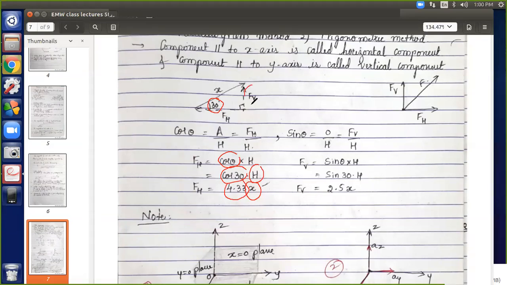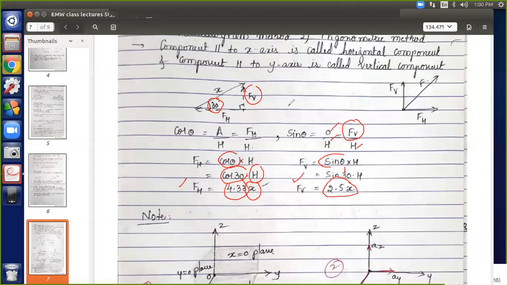Similarly, to get the vertical component, sine of theta is equal to opposite by hypotenuse. We want the opposite value, that is FV, divided by the hypotenuse. Similarly, just rearrange it. FV is equal to sine theta into h, sine 30 degrees into h, that is some value into x. So this is how we calculate the horizontal and vertical component.